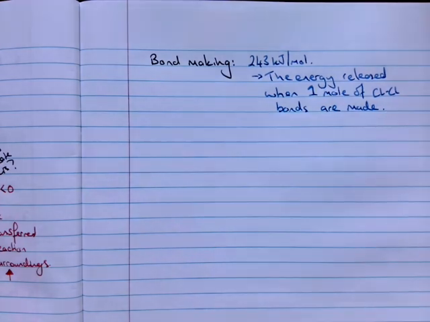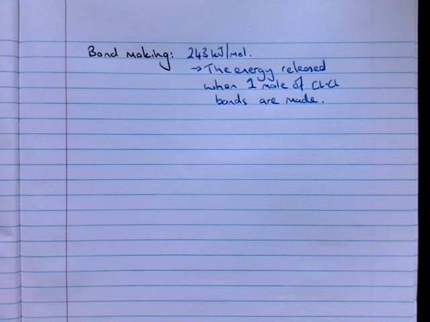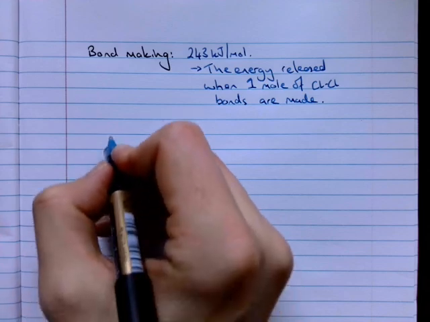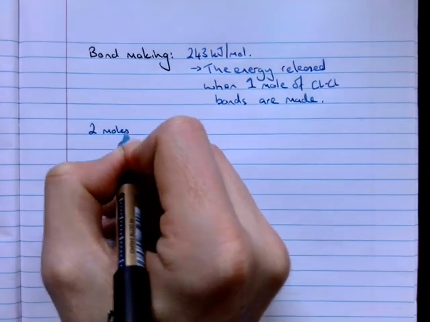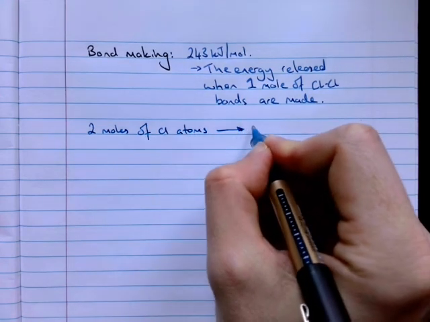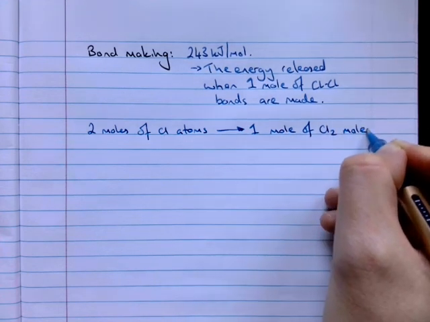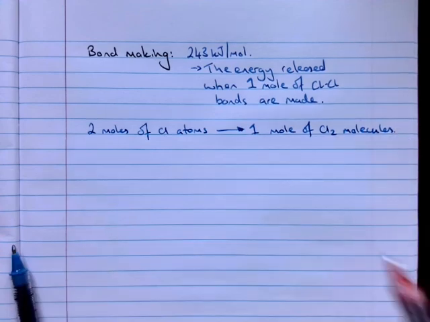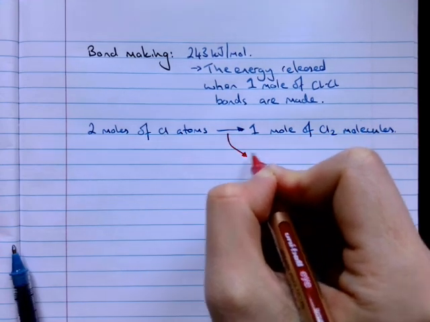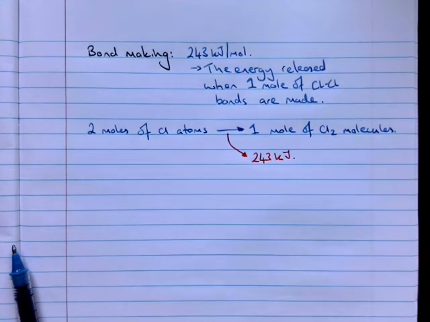Now that shouldn't surprise you, because when I broke the bonds I had to put energy in, whereas now I'm making the bonds, so energy is released. It's the opposite way round. So if I have 2 moles of Cl atoms and use them to make 1 mole of Cl2 molecules, then I will get out 243 kilojoules, because I'm making 1 mole and it's 243 kilojoules per mole.